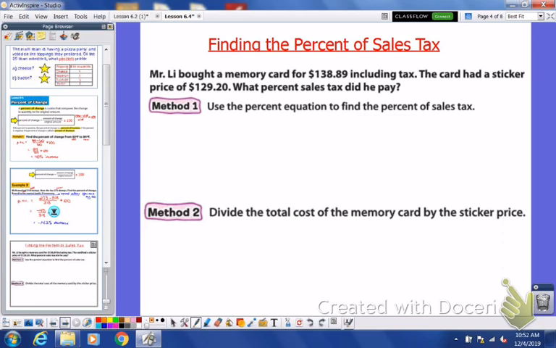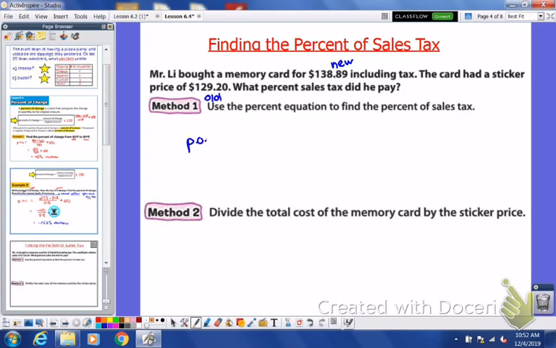So we have two methods to work through. The first would be to use the percent equation to find the percent of sales tax. So our new price is what he actually paid. The old price is the sticker price.